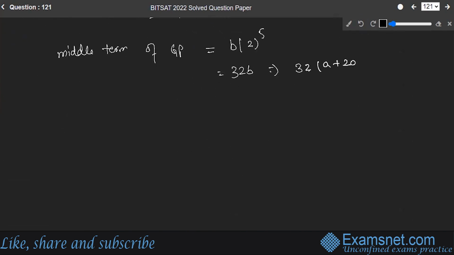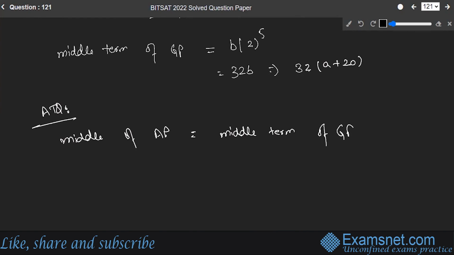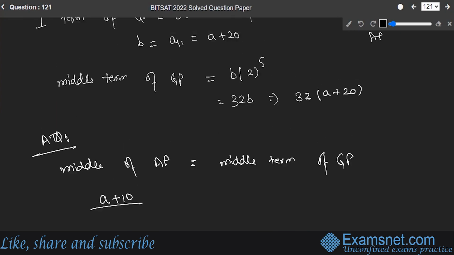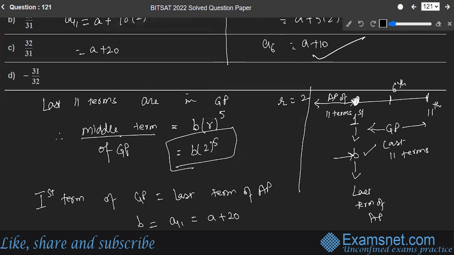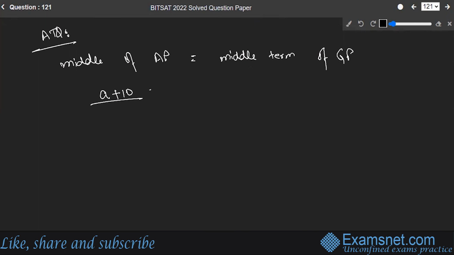and B was equal to A plus 20. Now, according to the question, the middle term of AP is equal to the middle term of GP. The middle term of AP was A plus 10, and this is equal to 32 into A plus 20.